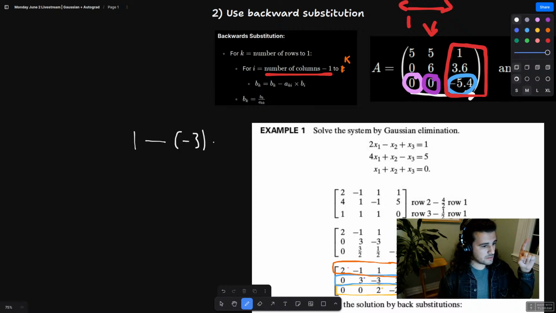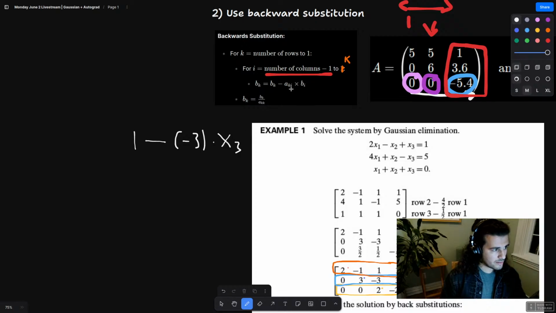times that one, or what we found before, right? The BK we found before. So it would be x3, right? But that's it. We'll just do that. And then with this, we're gonna divide this by 3, right?